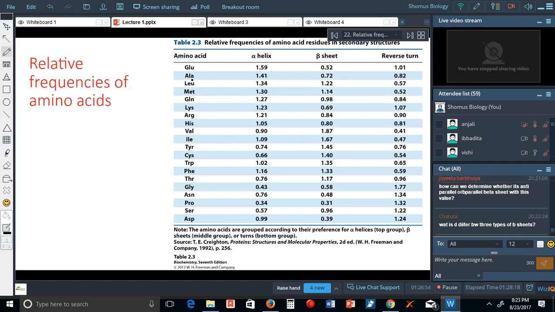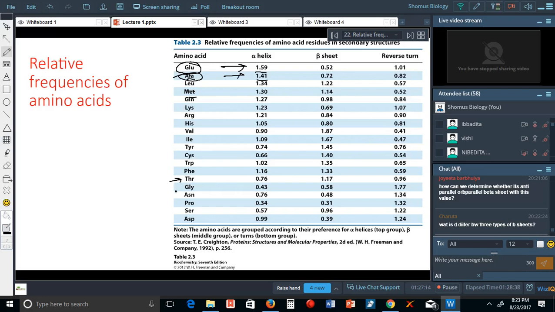So if you look here, glutamic acid, alanine, leucine, methionine, especially glutamic acid and alanine, are much dominant in alpha helix. You can see the relative abundance in alpha helix is more than 1, but in beta sheet is less than 1.